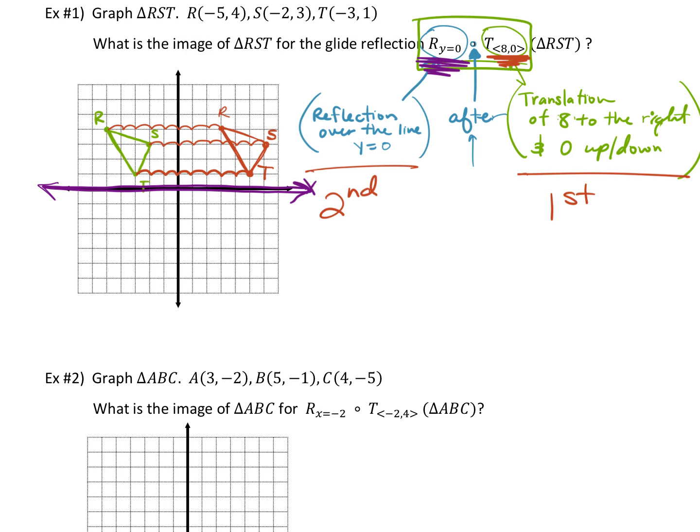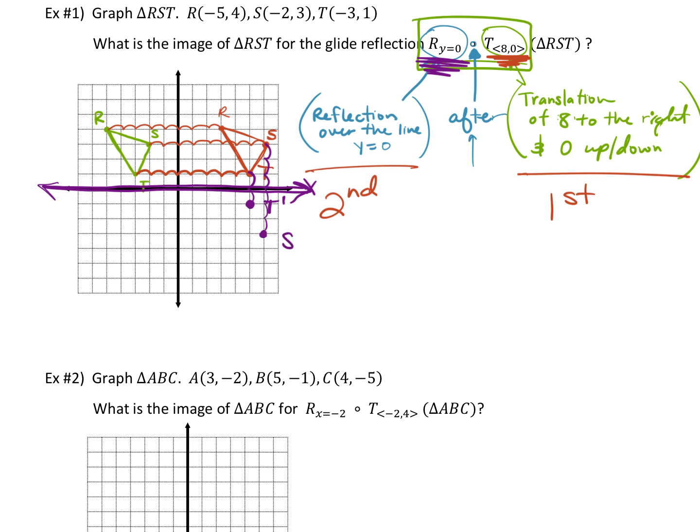So now you're going to take which figure, green or red? Red. You have to slide it first and then take the figure you slid and reflect that one. So right now my T is 1 above, so I'm going to go 1 below. This is T prime. S is 1, 2, 3 above, so go 1, 2, 3 below.